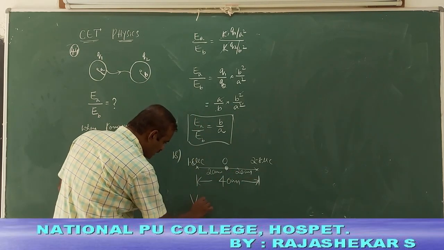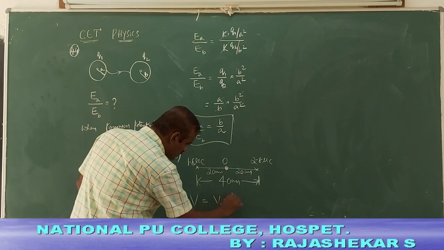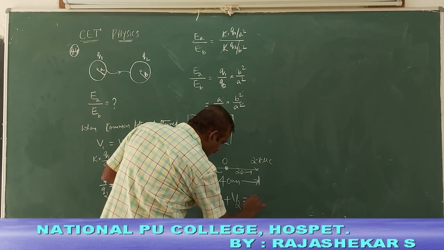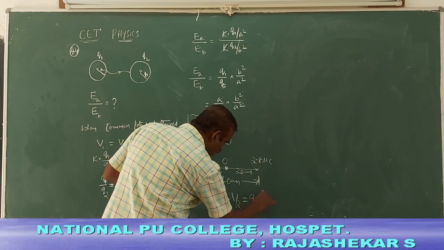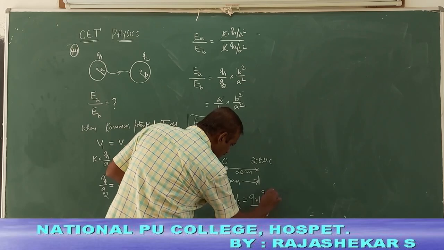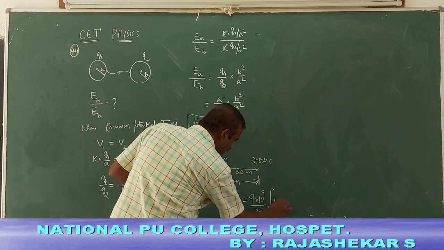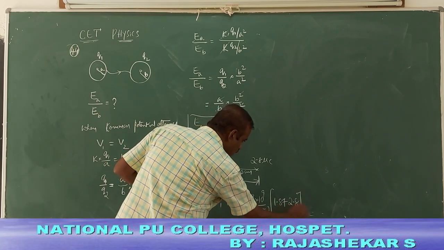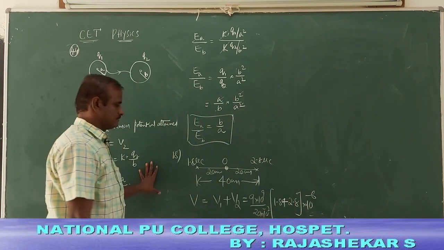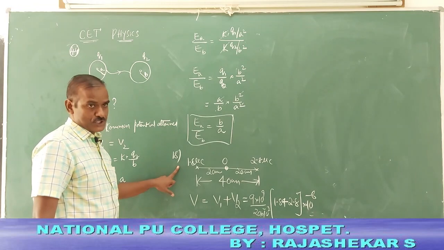So potential here is potential due to first charge and potential due to second charge. It will be 9 into 10 to the power 9 common. Remember, distance is 20 centimeter, 20 into 10 power minus 2, into 1.8 plus 2.8 microcoulomb, 10 power minus 6. 18th question, potential due to two charges.